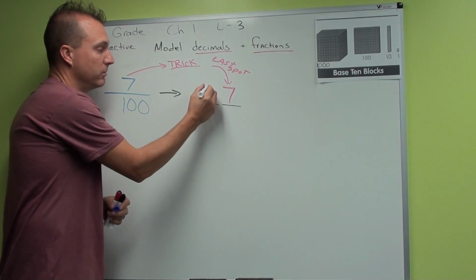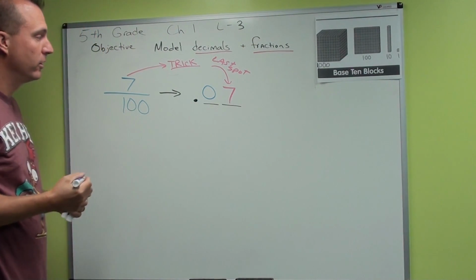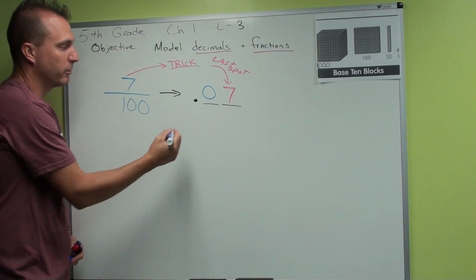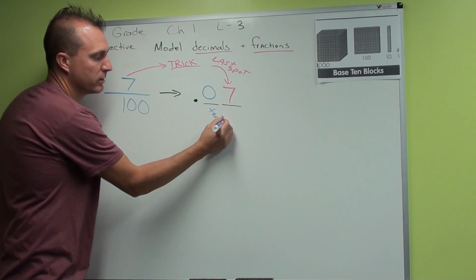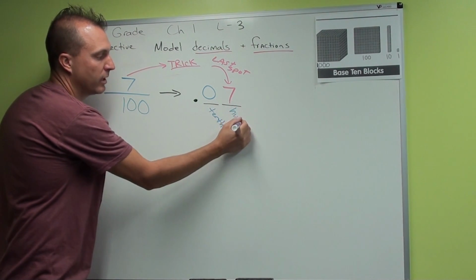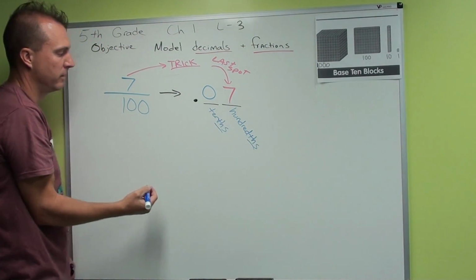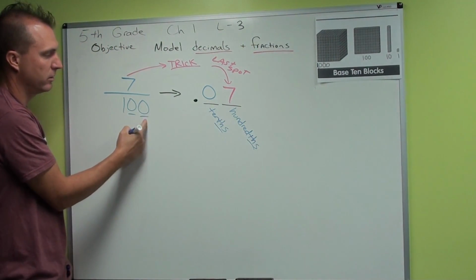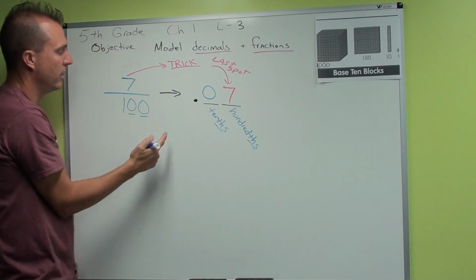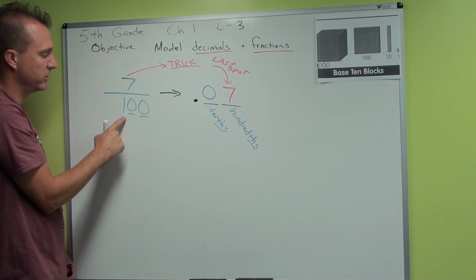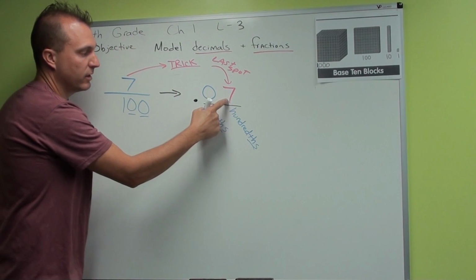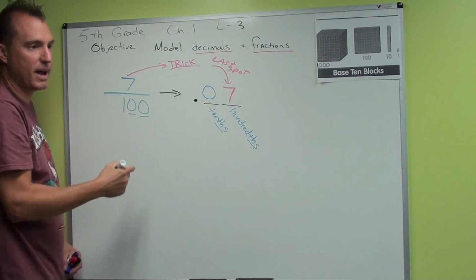If you said 0, you are right. So now look, we have the tenths, we have the hundredths. Now I read this, 7 hundredths. Oh, they match. How nice is that?